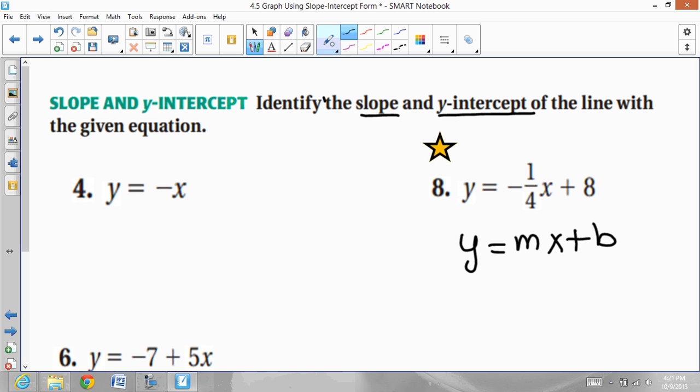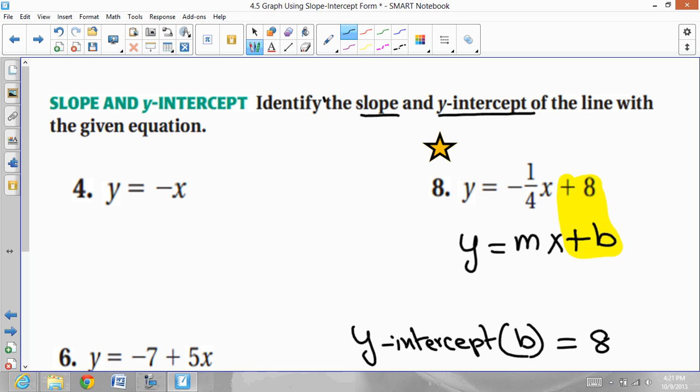Now, look at the one that I'm going to highlight. That is my b. So the y-intercept, which I'm going to call b, is nothing but positive 8.